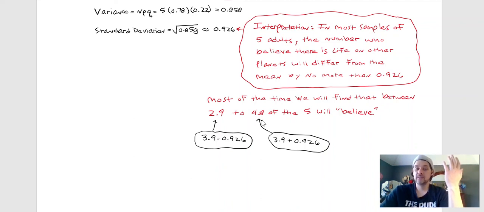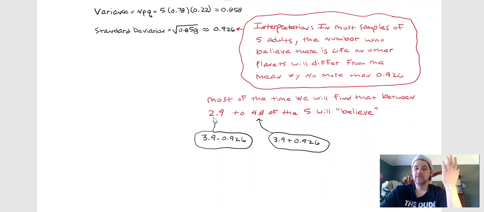How do I get the numbers? Well, 2.9 is 1 standard deviation below the mean. The mean is 3.9, take away 0.926. That's how I get 2.9. And this other number, 4.8, is 1 standard deviation above the mean, 3.9 plus 0.926. Now, we could refine this into whole numbers since in reality the data is going to have to be that way.